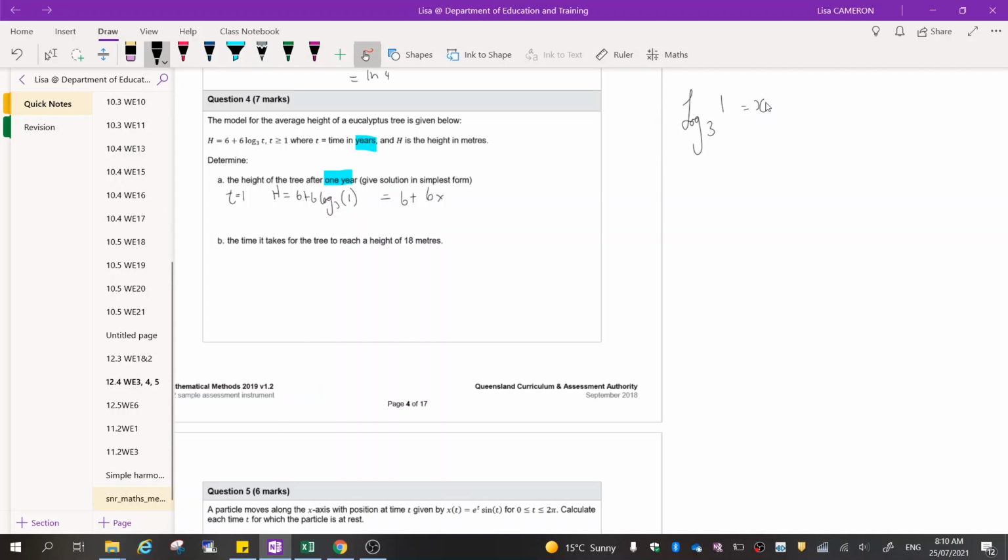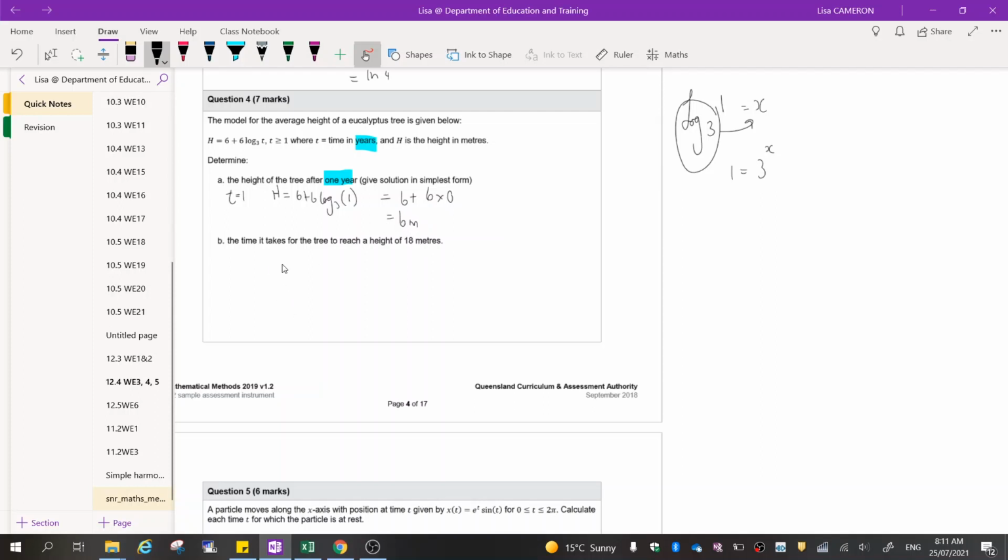I can never remember which one is 1 and which one is 0, so each time I rearrange and see what makes sense. So 1 is equal to, log 3 will come across and become 3 to the power of x. What to the power of x will turn this into being 1? It must be 0. So that's 6 times 0, meaning that 6 is our height in meters.